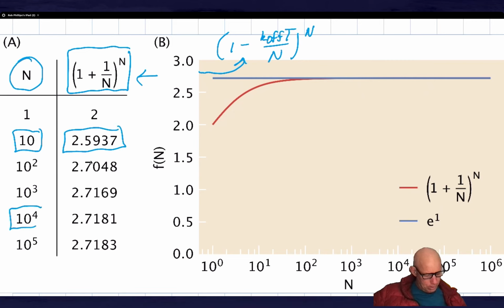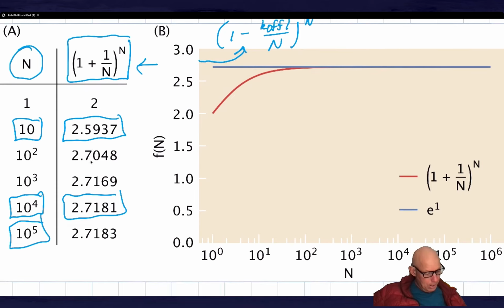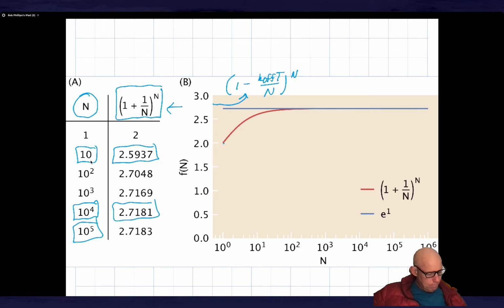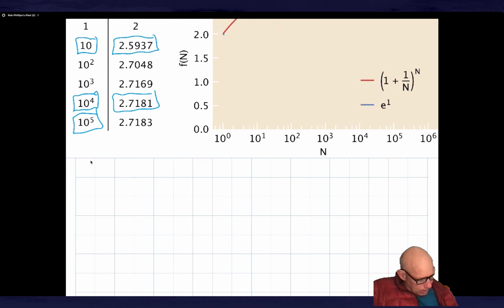If I choose 10,000, then I get 2.7181, and if I choose 100,000, I get 2.7183. And so what's plotted on the right-hand side actually is e, so e to the first power, that's the blue line. And then the red line is our expression, 1 plus 1 over n to the n power. So what we've learned is that the limit, as n goes to infinity, of 1 plus 1 over n to the n power is e.